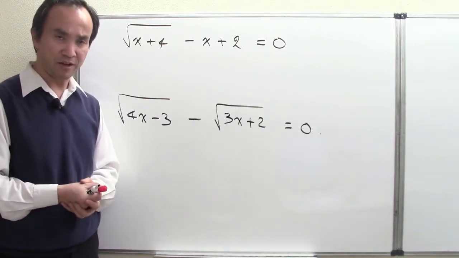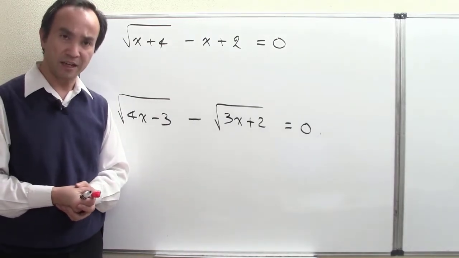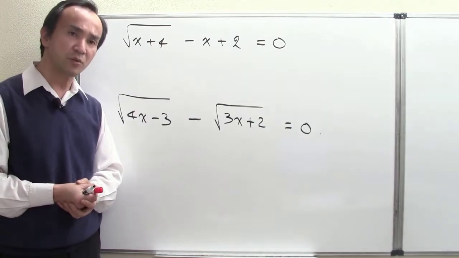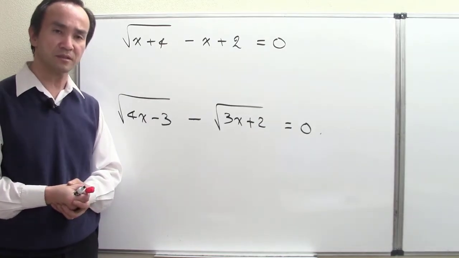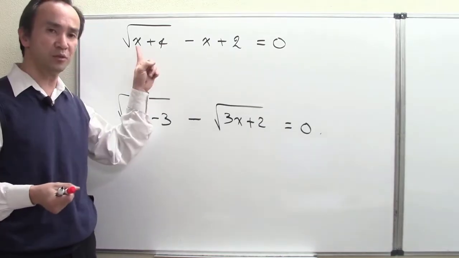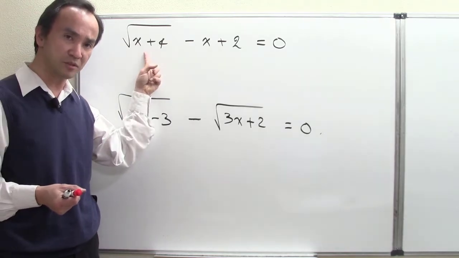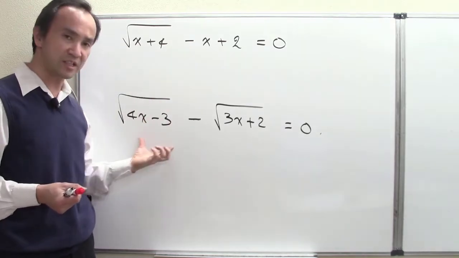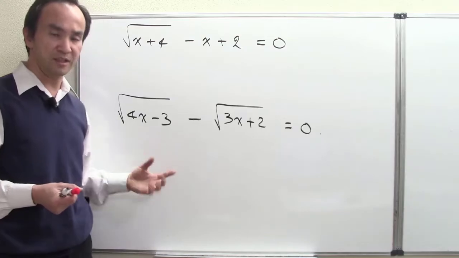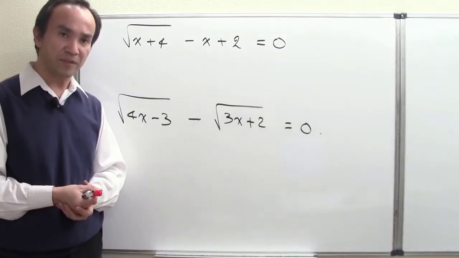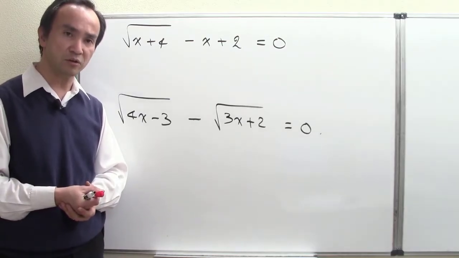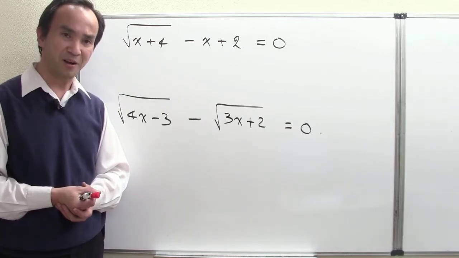For our class at our level, mostly we are going to focus on those square root equations that involve exactly one square root term or exactly two square root terms. Those are all of the cases that we learn to solve in our class.